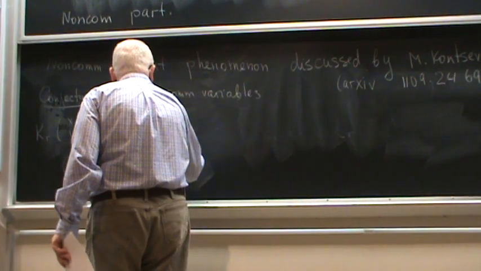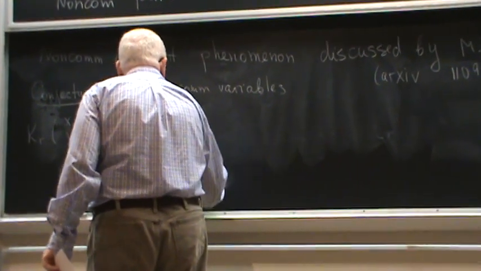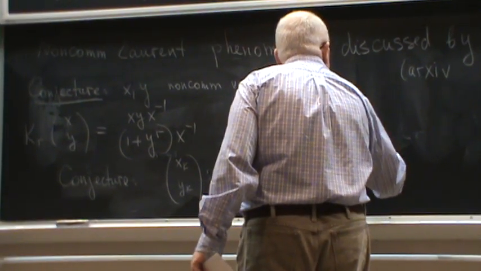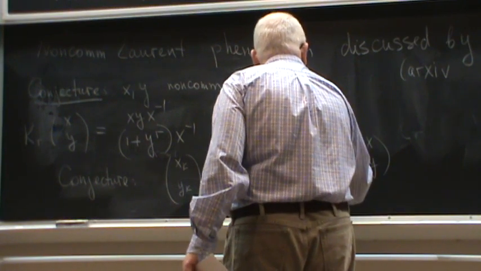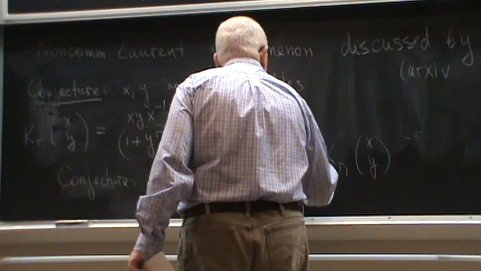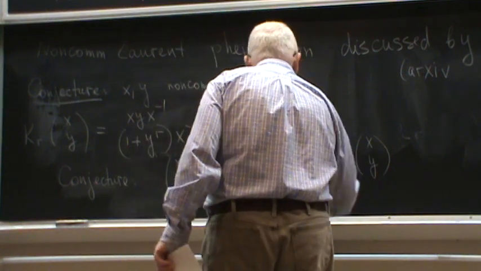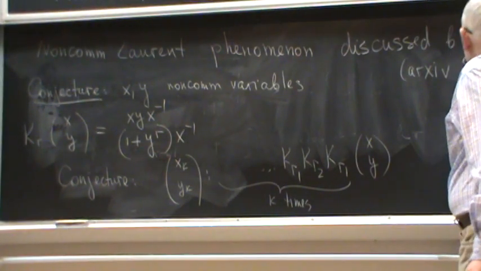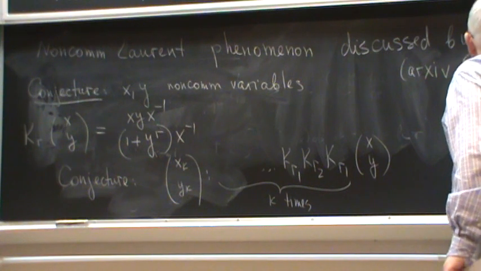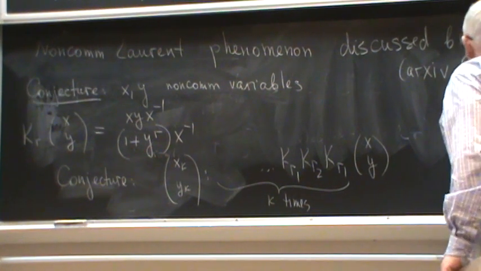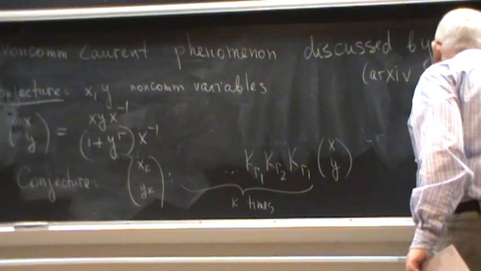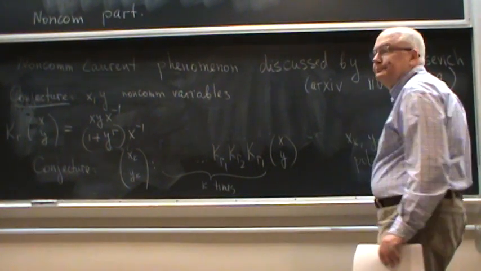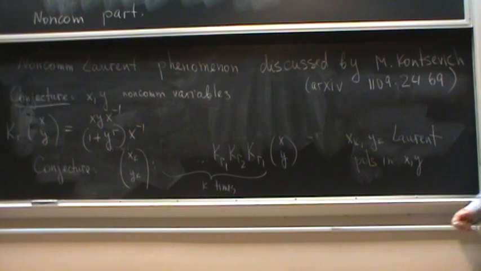that if you define xk, yk as a sequence of Kontsevich transformations, so here applied k times, then xk and yk are Laurent polynomials in x and y.